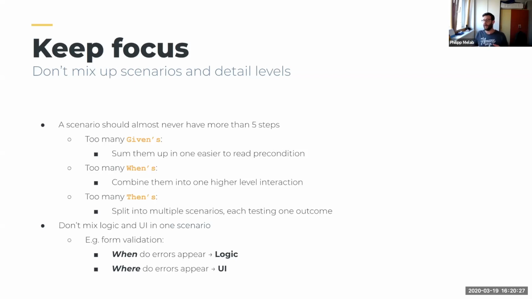I have my login form, and if I enter something invalid, then it should display an error message. And if your scenario has another line that says, and there is a link to restore my password, then you're already mixing up 2 features here.